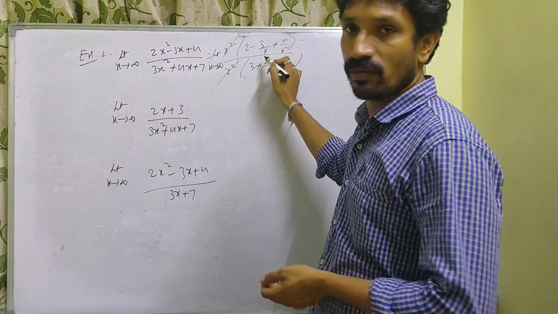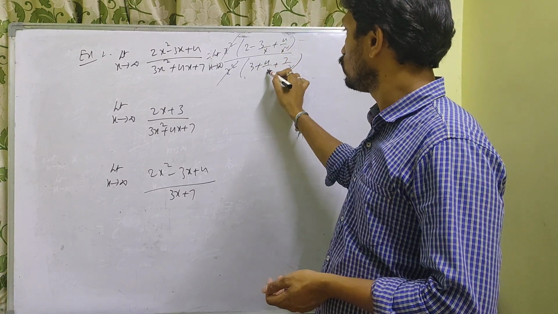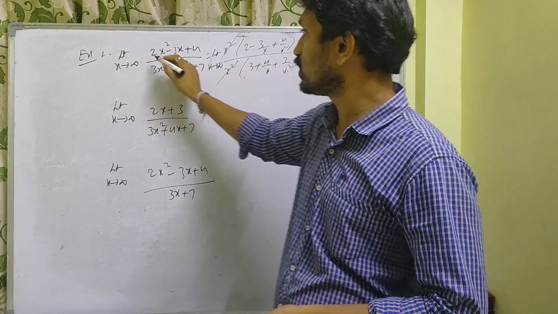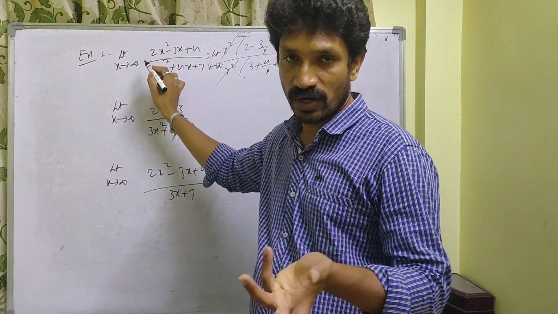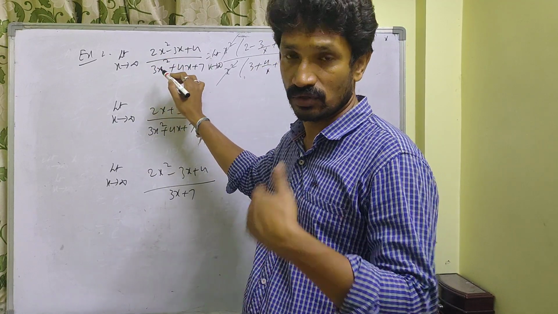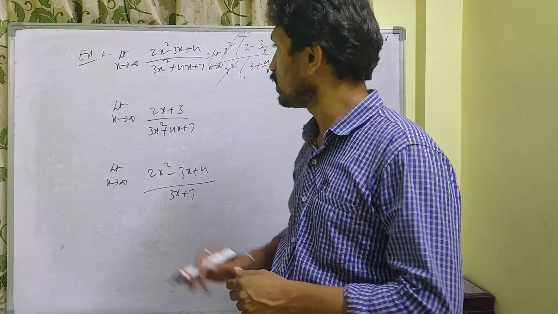As x tends to infinity, 1 by x tends to 0, and same for the denominator. So what you have directly is 2 by 3. What is this 2 by 3? It is the ratio of the coefficients of the highest degree terms, that is 2 by 3.